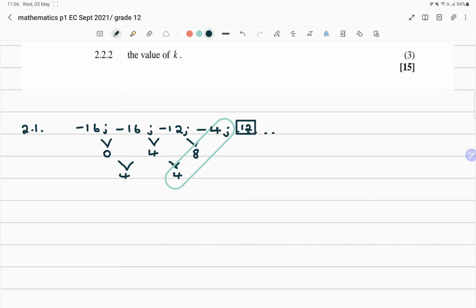It's going to be 12. All right. No, it's a lie. It's going to be 8. It's going to be 8 because the 4s cancel out. And they leave 8. So we can answer 2.1.1. How many times? 1, 2, 3, 4. So we can just say T5 is equal to 8. Easy.